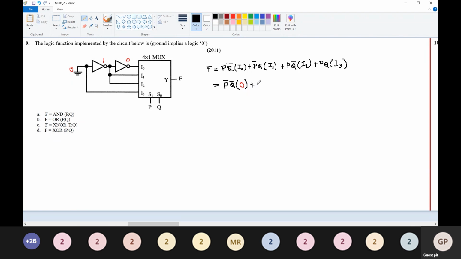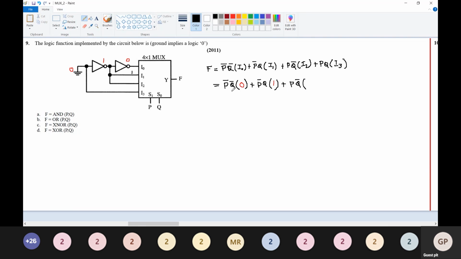plus P dash Q into I1. The I1 value here is this 1 that appears here. So the I1 value is 1, plus P Q dash, which is I2.